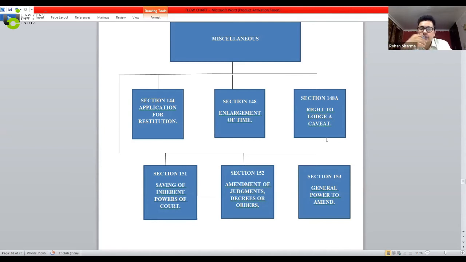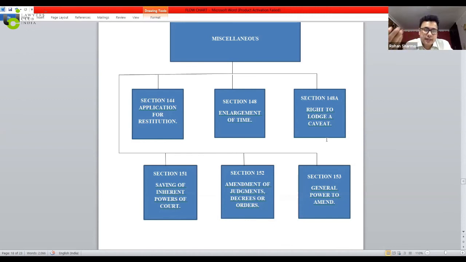The jurisprudence says that these powers are not the powers which the CPC gives to the court. These are the powers which exist with the court, are inherently there with the court by a matter of their existence.